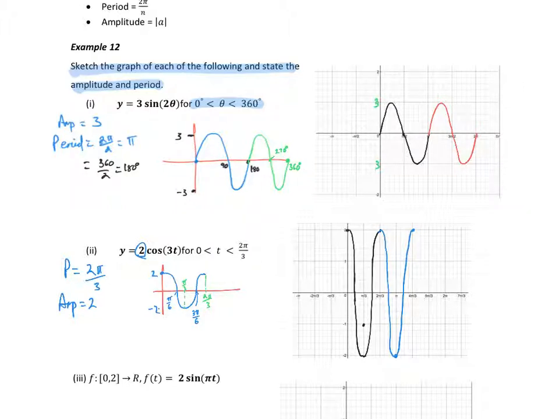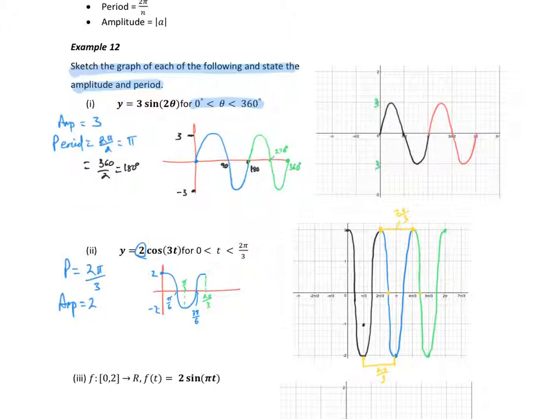The question's not asking for these ones, but if you had to sketch multiple cycles, the key thing to note is the distance from there to there is 2 pi on 3. The distance from that point to that point is 2 pi on 3, and the same again for the next. So the distance between all your corresponding points is 2 pi on 3, or whatever the period happens to be.